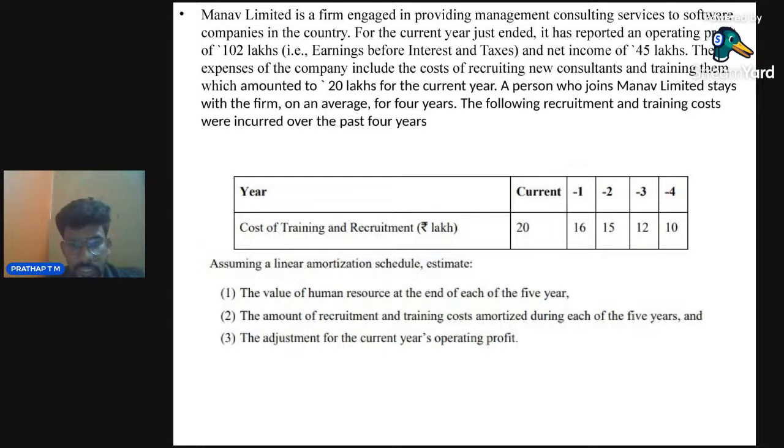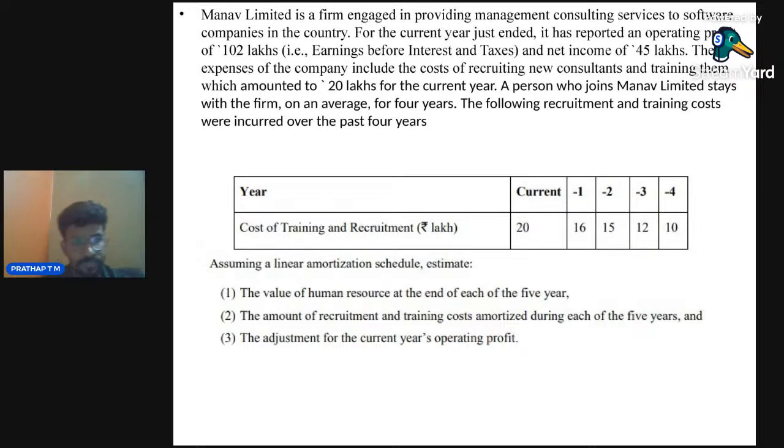Next, the first year they have given is 16 lakh. Then it is 15 lakh. Then the third year is 12 lakh, and the last, fourth year, is 10 lakh.